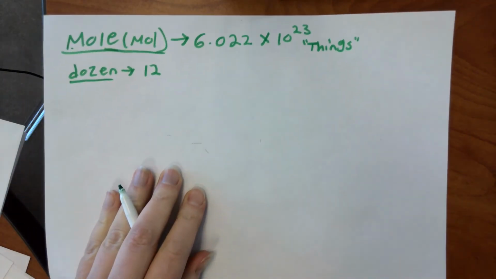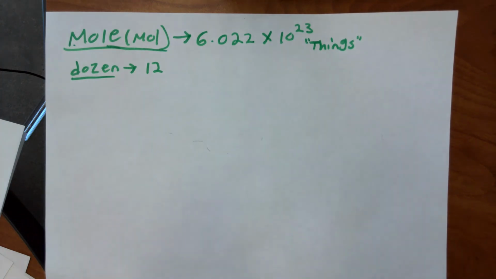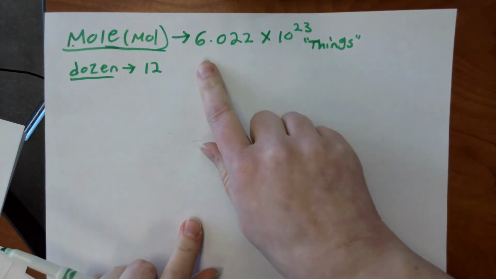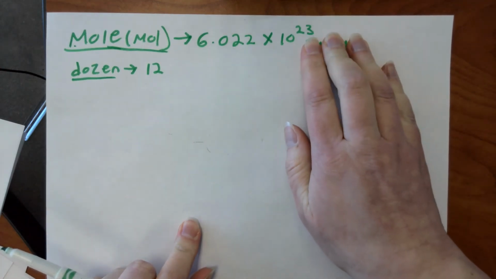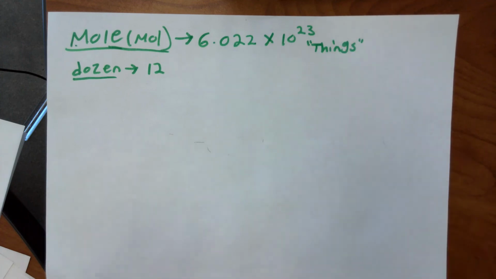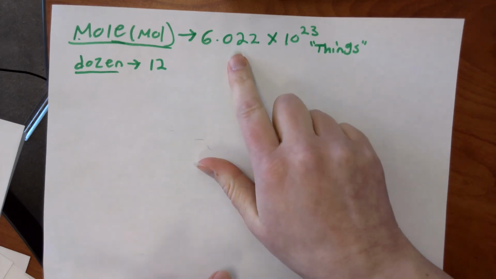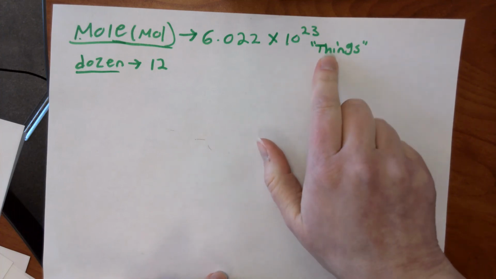So if I had, say, a mole of grains of rice, I have this many grains of rice, okay? If I had a mole of eggs, I have this many eggs.